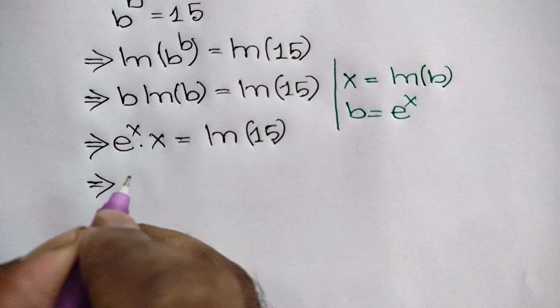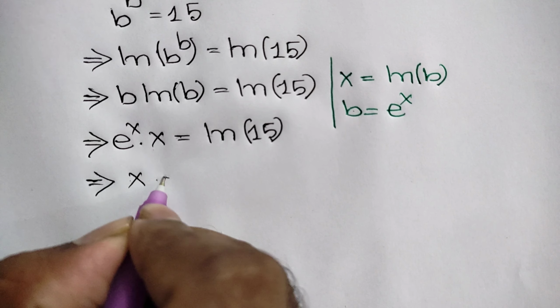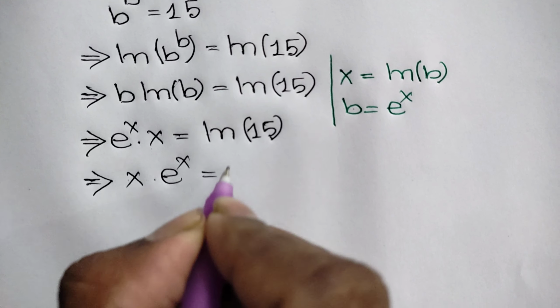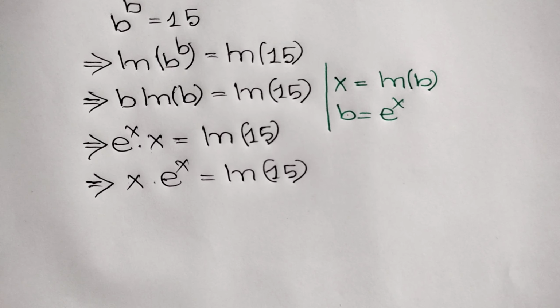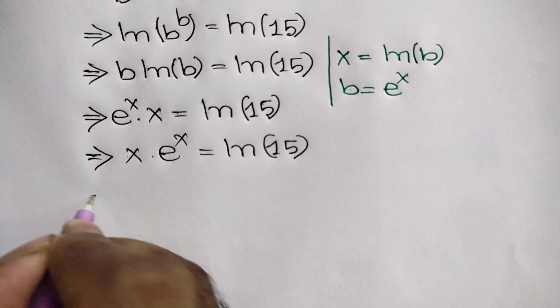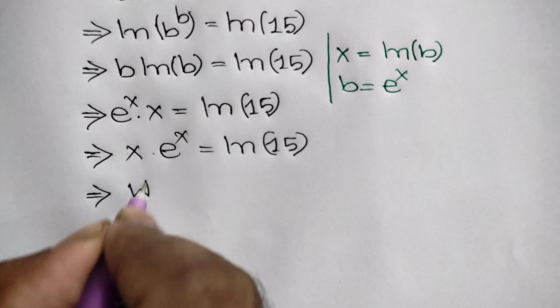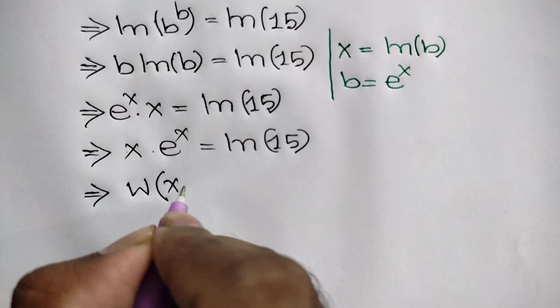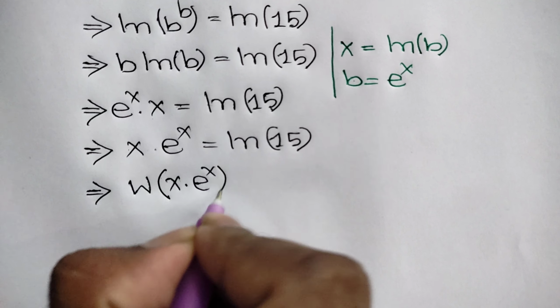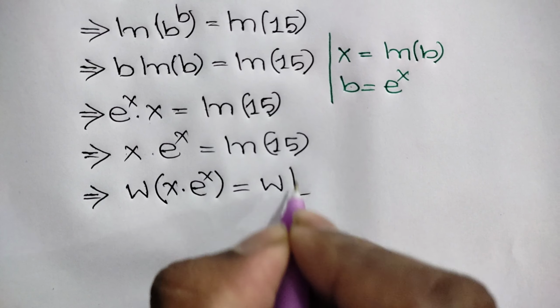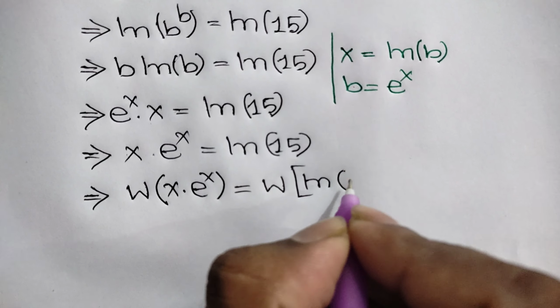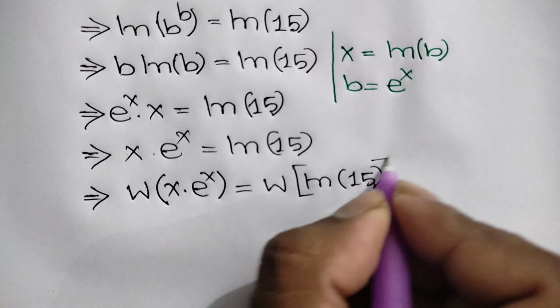Rearranging the left side, we can write x times e to the power x is equal to ln of 15. Now taking the Lambert W function on both sides, we can write W of x times e to the power x is equal to W of ln of 15.